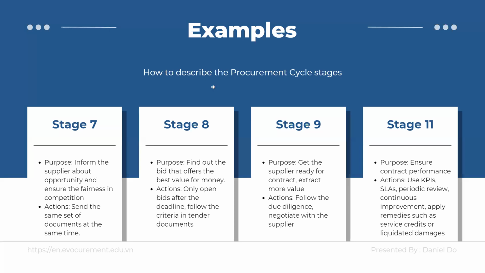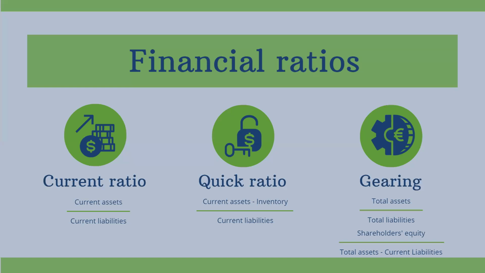They have a scenario and require you to apply the procurement cycle to solve the problem. Now, let's walk into question number two about the financial ratios. With question number two, I have a little bit more information here.